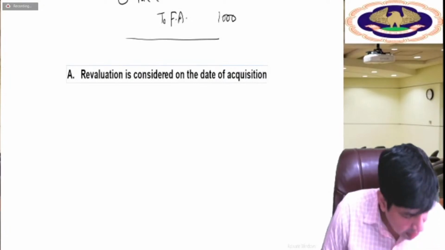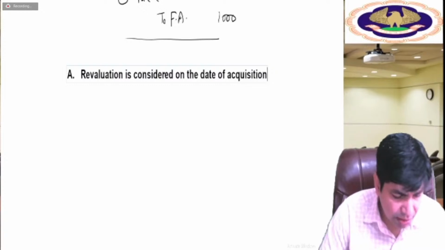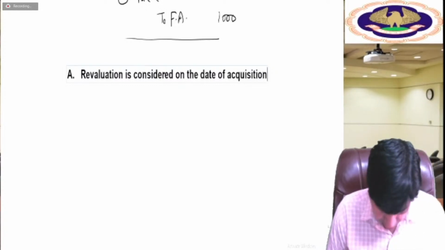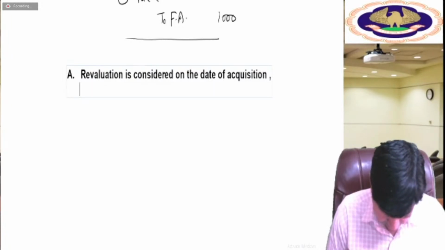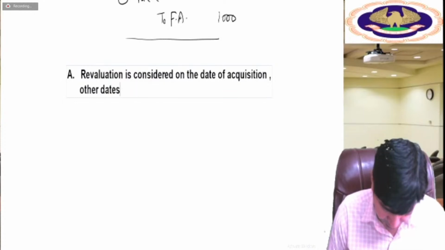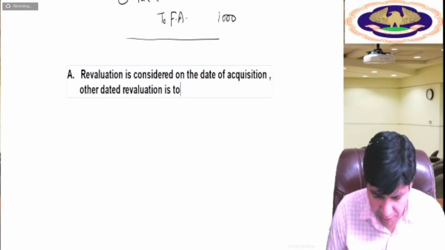So its depreciation will also be deducted from the profit of post-acquisition. Other dates are to be ignored.